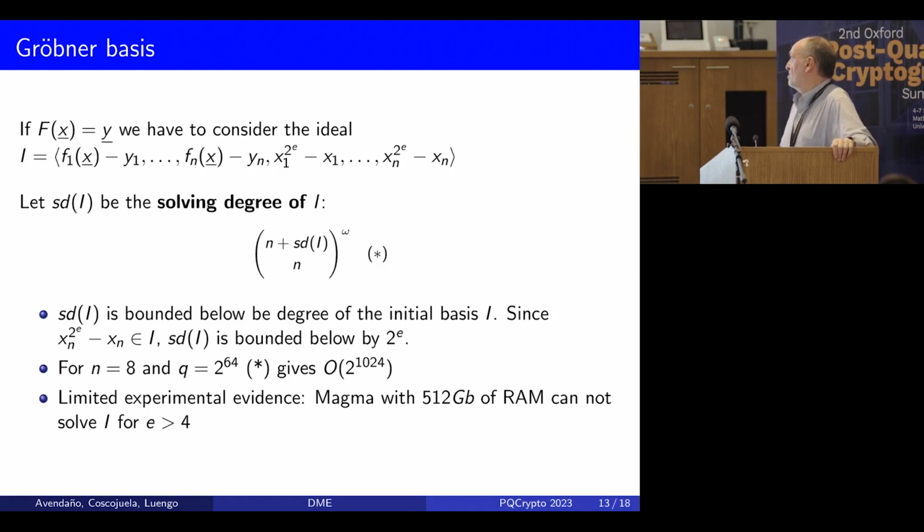The other way to look at it is, as with all multivariable systems, we can try to solve the corresponding system of equations. If we have F(x) equal to y, we can try to solve this ideal using Gröbner bases. The standard complexity using an F4 or F5 Faugère algorithm is given by this formula, where SD is the solving degree, the highest degree that appears in the Macaulay matrix.